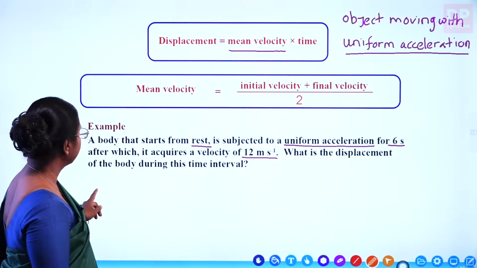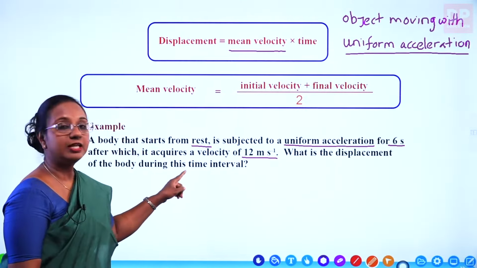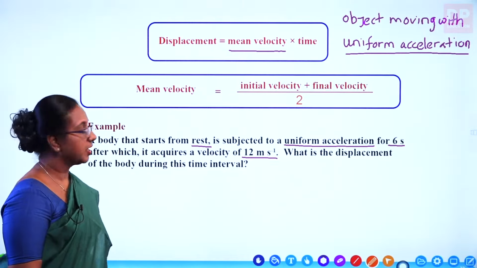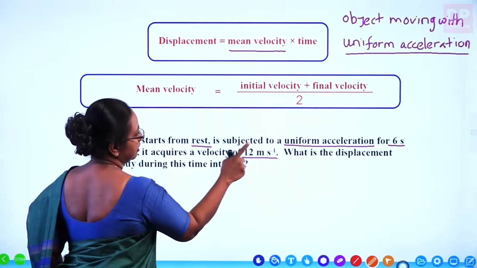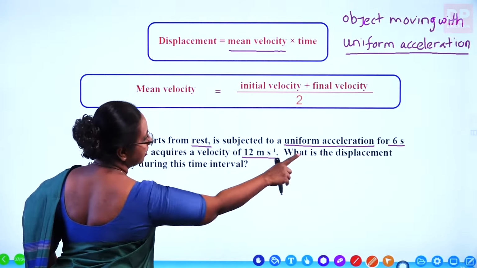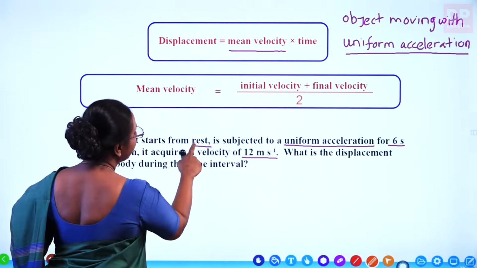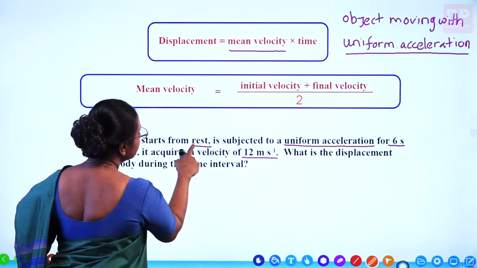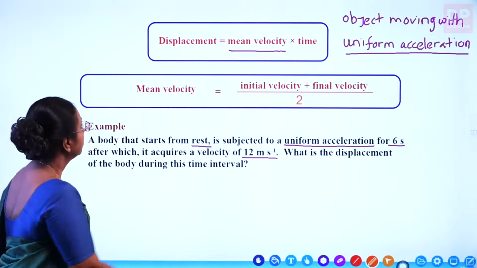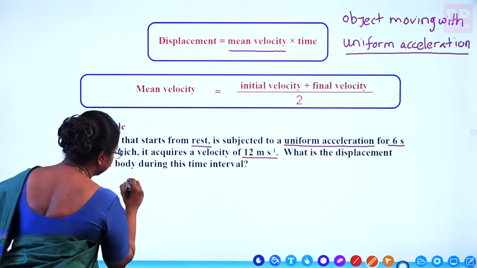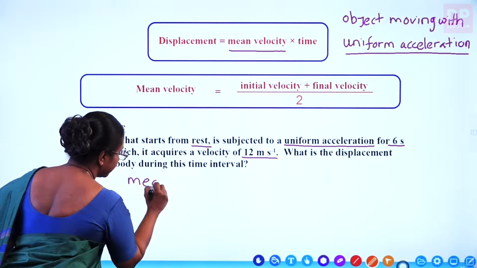What is the displacement of the body during this time interval? So here you know the acceleration is uniform, the time is 6 seconds and the velocities are initial 0, final 12 meters per second. So first we calculate the mean velocity.